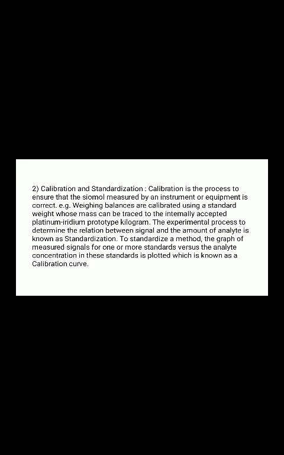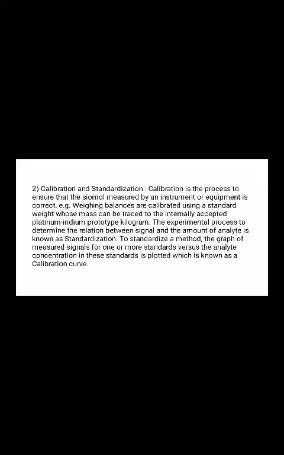Calibration and standardization. Calibration is the process to ensure that the value measured by an instrument or equipment is correct. For example, weighing balances are calibrated using the standard platinum iridium prototype kilogram.